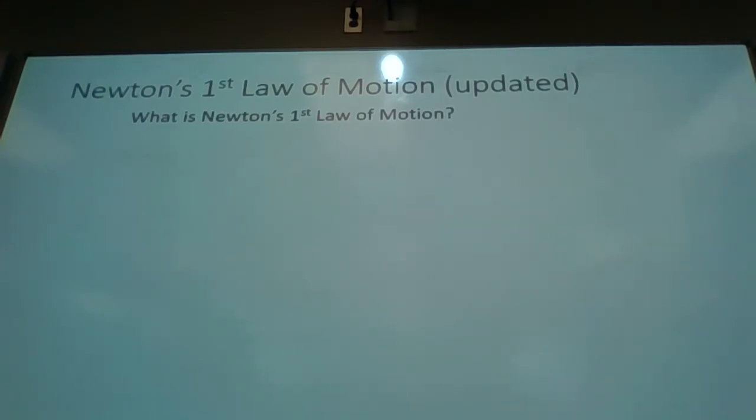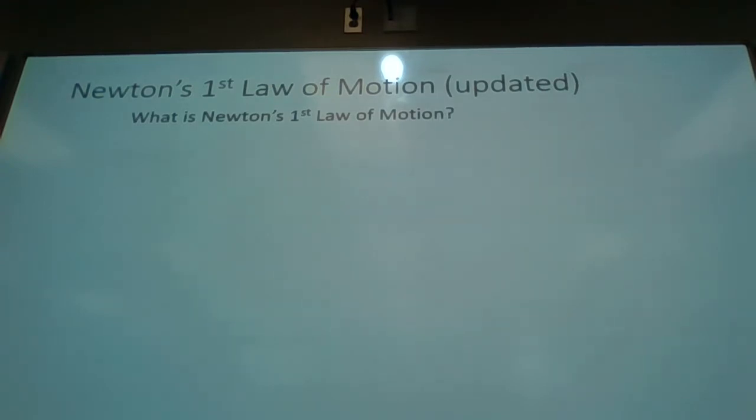But the reality is it's not just one force or no forces. There could be multiple forces acting on an object. Think of a situation where there's more than one force acting on an object, but the object still stays at rest.